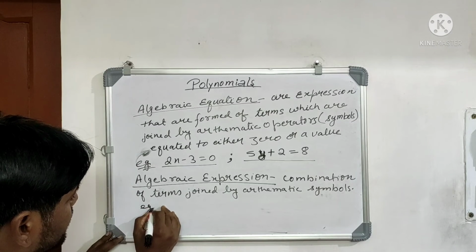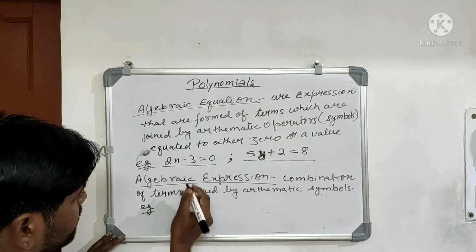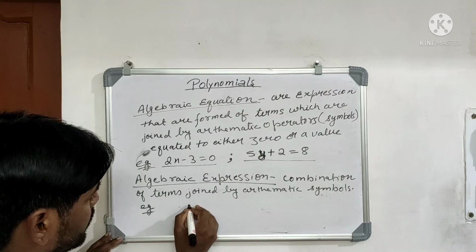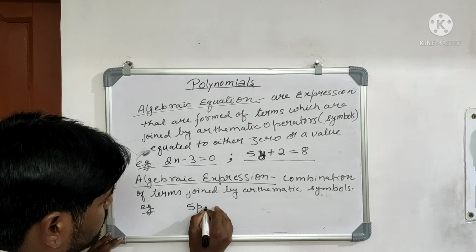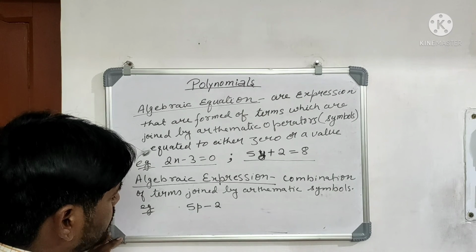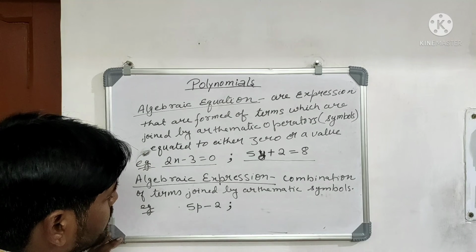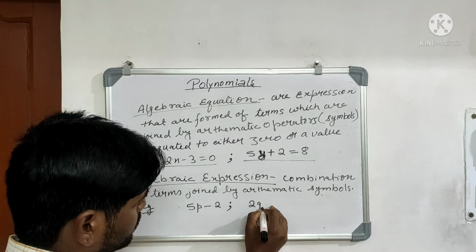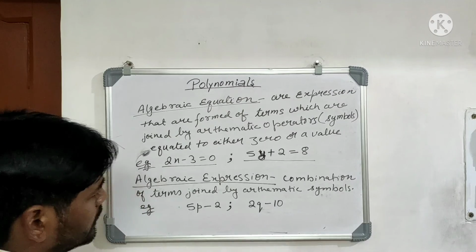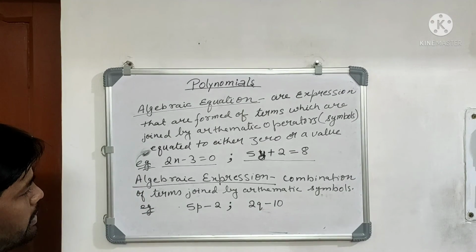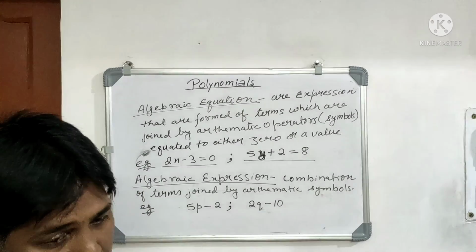Example, the same without a 0: 5p minus 2, simple. Then again we can write 2q minus 10. These are a couple of examples of algebraic expressions.